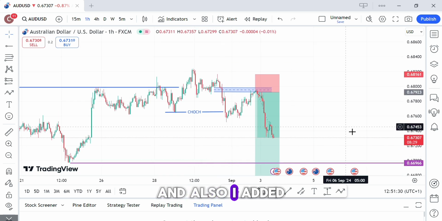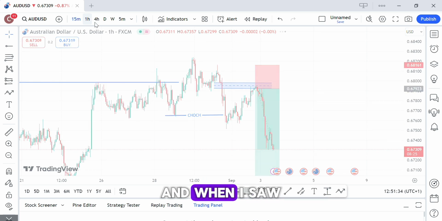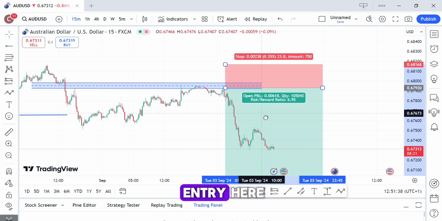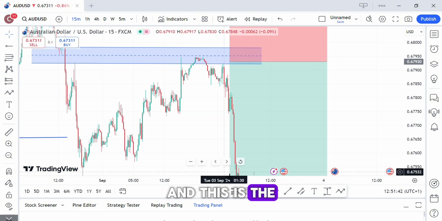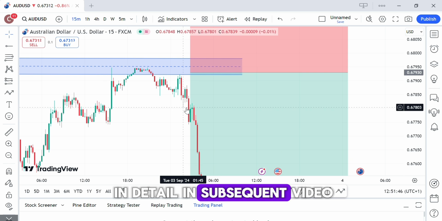And also I added more position on the 15-minute time frame when I saw a confirmation entry here. And this is the confirmation entry. I'll explain that in detail in a subsequent video.